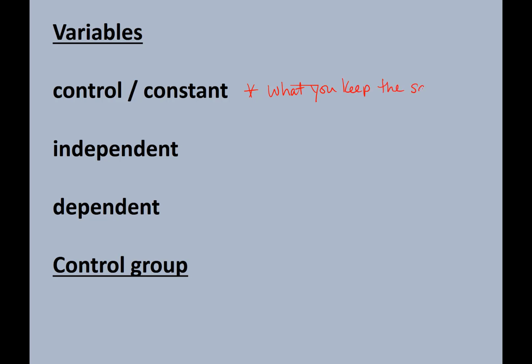So if you're testing the hypothesis that if you study a little bit every night, you'll get a better grade in the class, well, you are a control or a constant. You are the same throughout the experiment. Me, the teacher, is the same. Types of homework are the same. What you're changing is the independent variable.